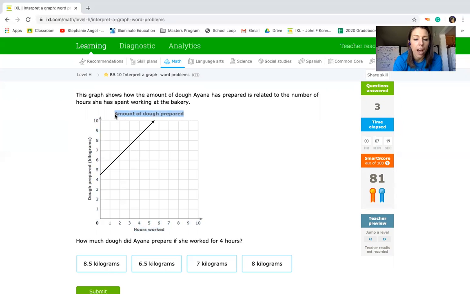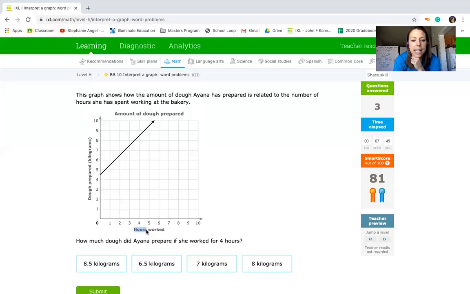So the total graph is amount of dough prepared. It looks like the y-axis is the amount of dough prepared in kilograms compared to how many hours she actually worked. All right. How much dough did Ayana prepare if she worked for 4 hours? Which axis represents hours?